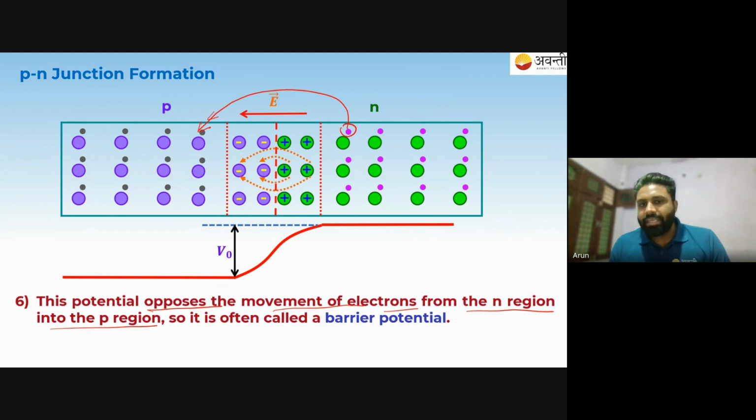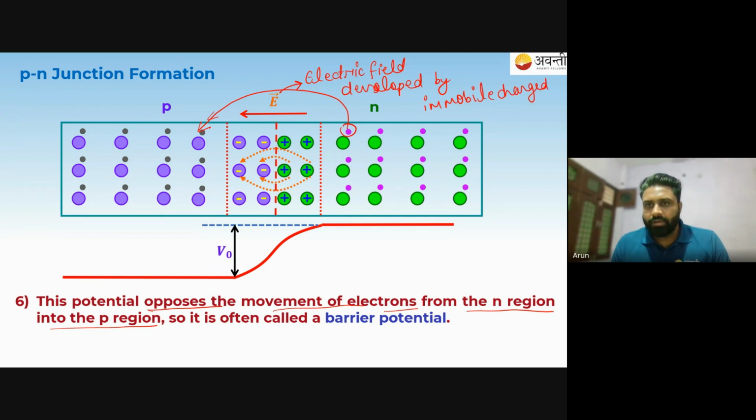But because of this barrier potential, because of this electric field E developed by the immobile charged ions, this electron will feel a force in the opposite direction.